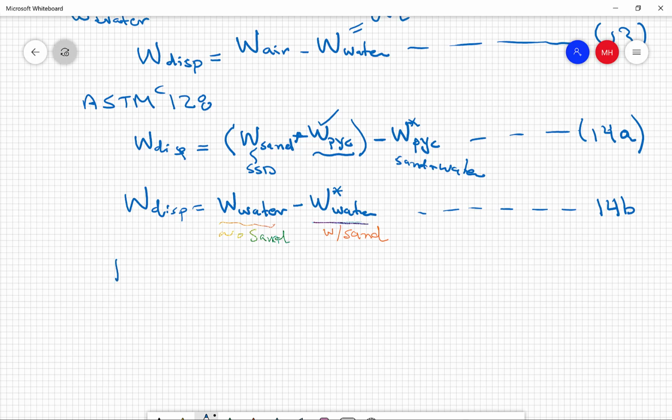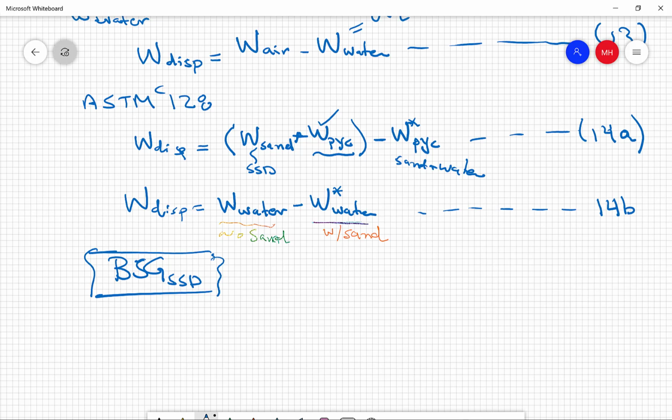So we write it as SSD, meaning it's done in the saturated surface dry condition. So remember this, because you have to refer to the condition of the aggregate where you do the determination.